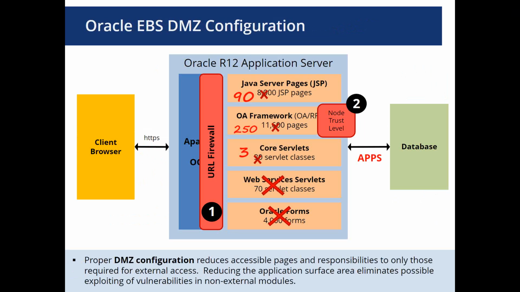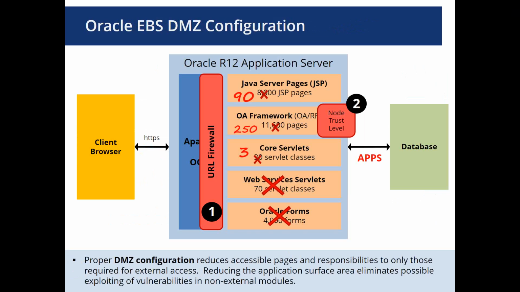The URL firewall tries to protect the JSP pages and the servlets running, and blocks Oracle Forms and things like that. It's just a white list of pages that can be allowed. The node trust level exists because of the OA Framework. Whenever you access an Oracle Business Suite page and you see oa.jsp or rf.jsp in the URL, that's OA Framework.